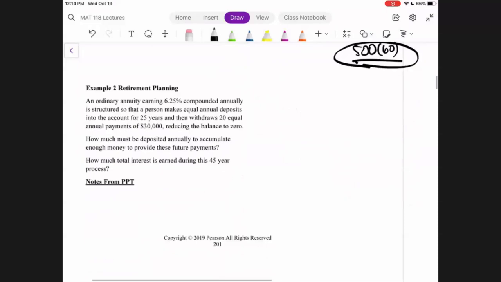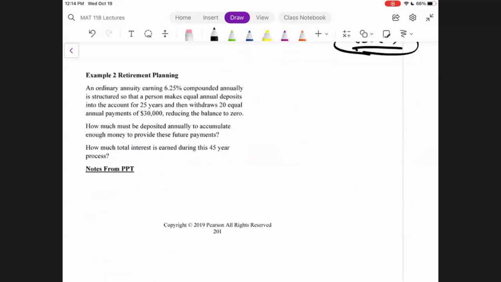So we have a retirement one here. This one is a little complicated, as you'll see that it says you have somebody earning 6.25% compounded annually, structured so that the person will make equal annual deposits into the account.